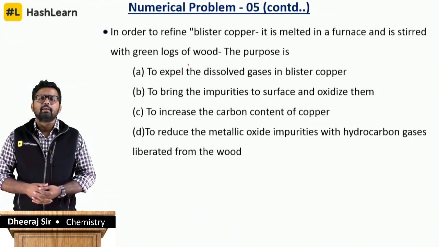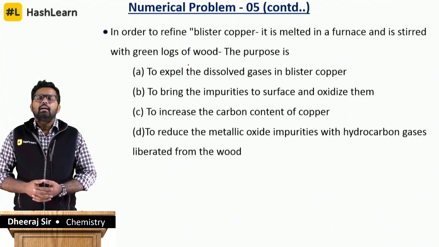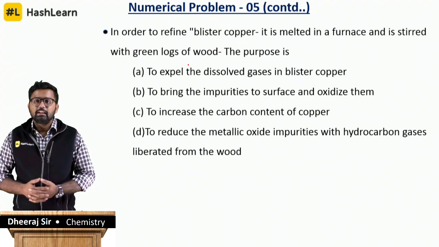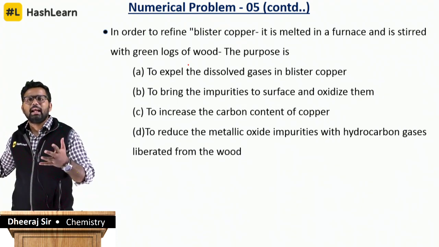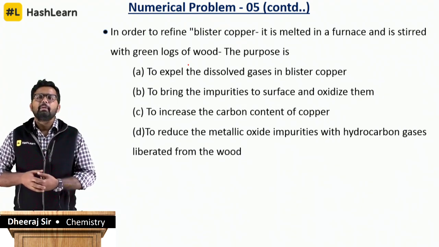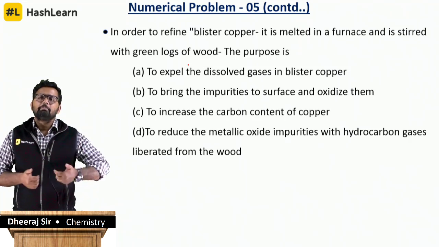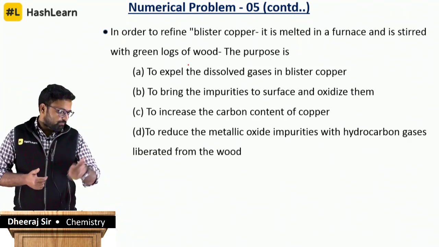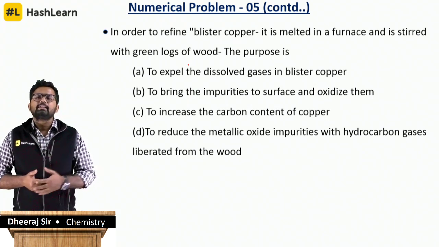Copper pyrites is CuFeS2. When you heat it, especially in a Bessemer furnace, that is called Bessemerization. When hot air is blown through this ore material, the ore contains copper, iron, and sulfur, so copper sulfides and iron sulfides are formed.